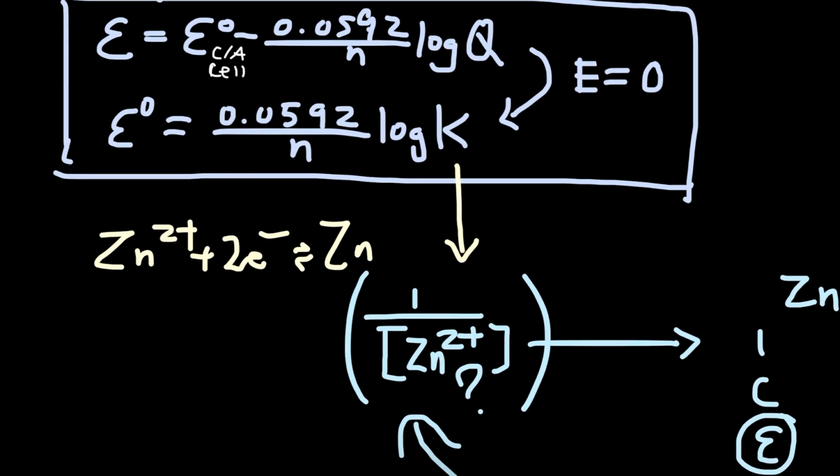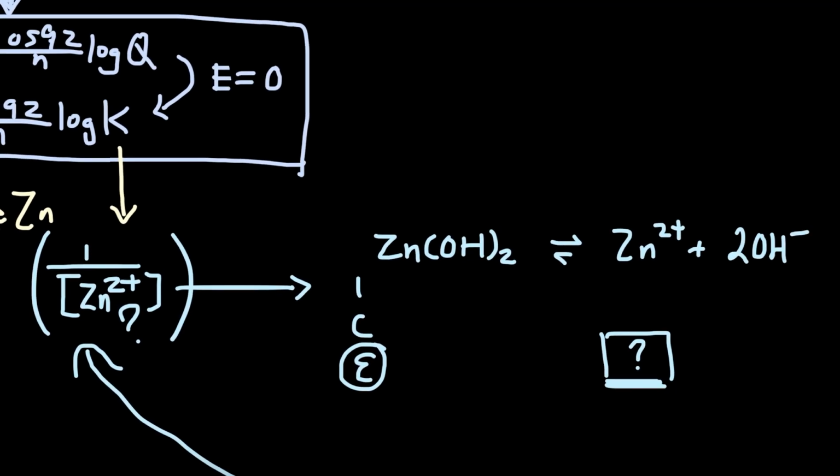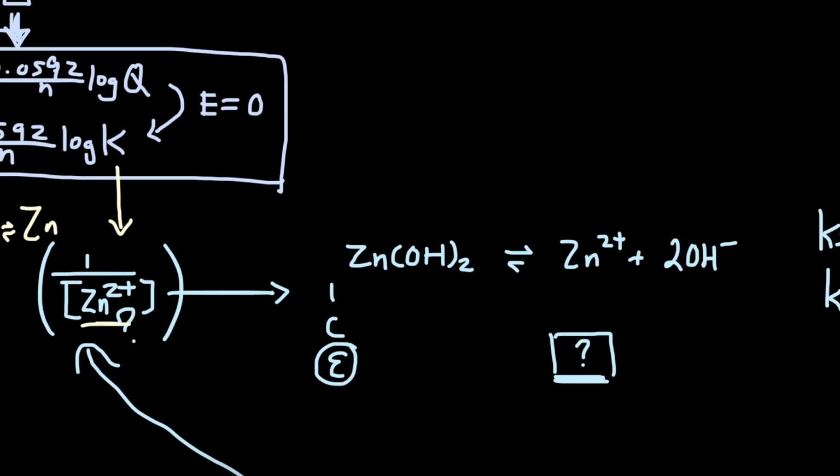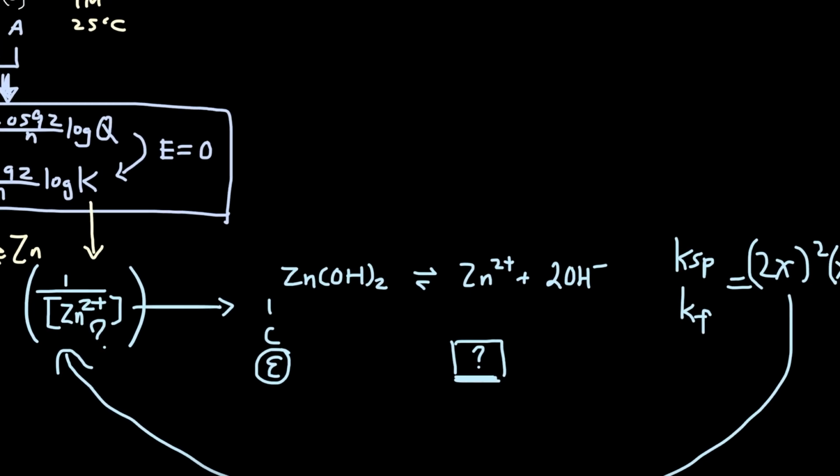And now, let's say you don't know what concentration this is. How this is related to K and the ICE table is because this concentration is a concentration at equilibrium. So you might have a reaction. It's usually a complex. It's either going to be a K of formation or a K of solubility. So you would write an ICE table depending on formation or solubility.